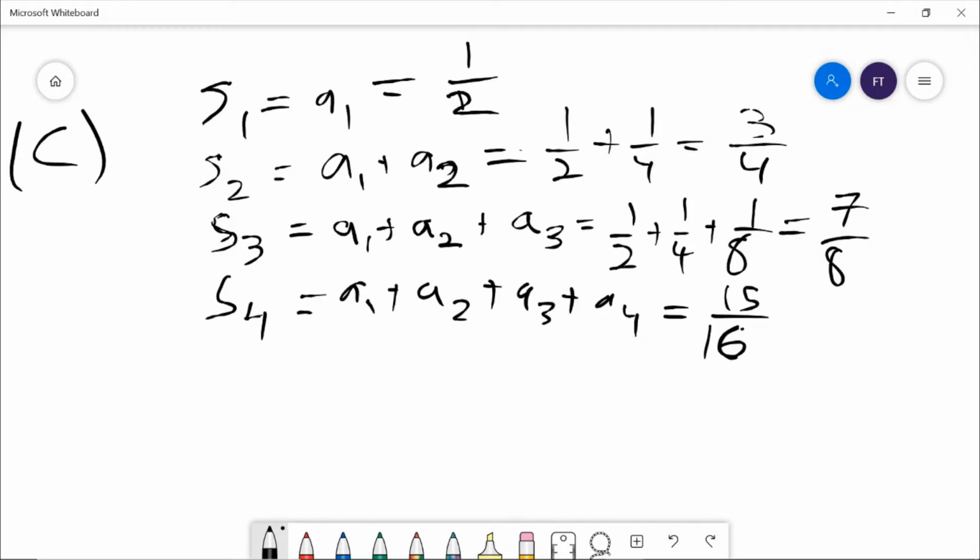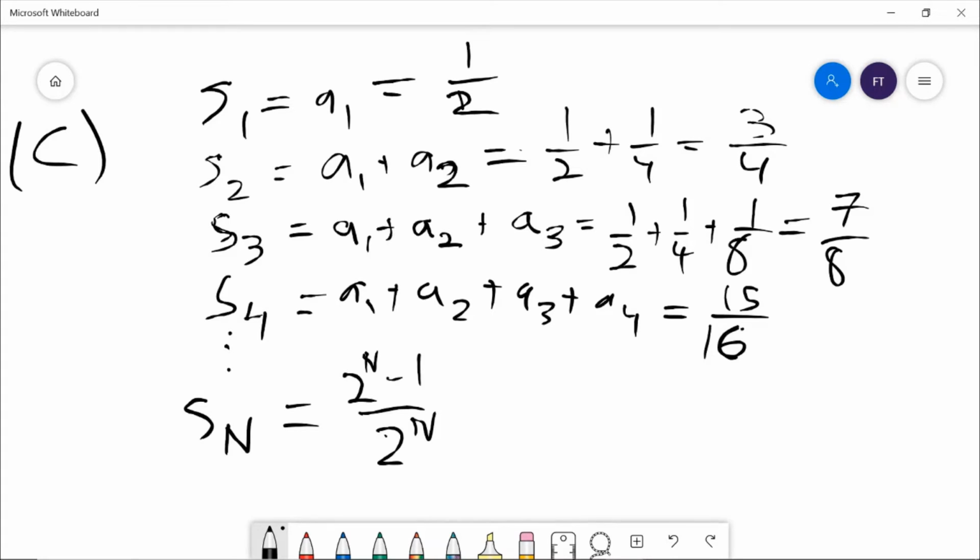And so if you see this pattern here for S of n, our denominator here is just our 2 to the n. It's the same as the denominator of the nth term of the sequence. If you look at the numerator, this is just 1 less than the denominator in all of these terms.